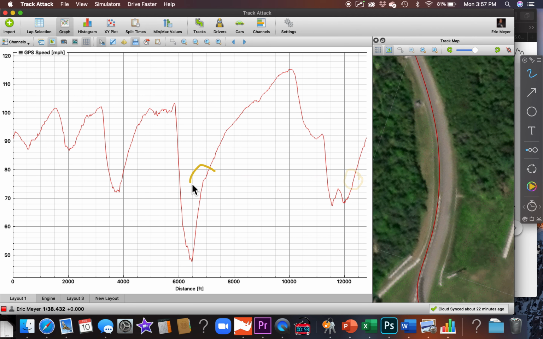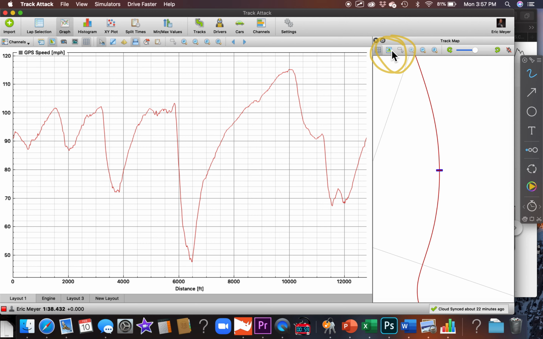I just see this one, but nothing over here and nothing over here. So that might just be going off the track, just trying to get everything out of it or something. Maybe traffic. Not important. We'll figure that out. Okay, I'm going to go back to this feature up here in the upper right for the track map, and then this one right here.